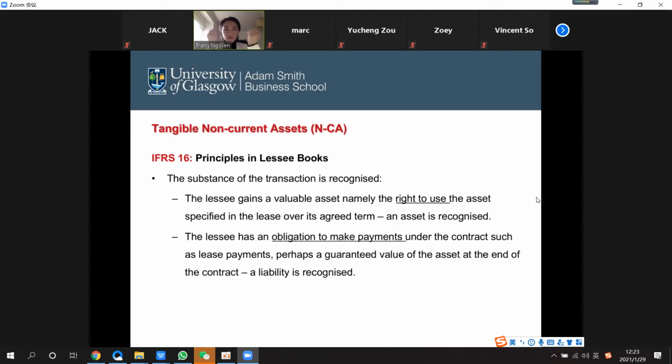The two are very comparable, but a little bit different. Okay, so the right to use will include all the initial costs, but the obligation to make payments will only count after the commencement date, meaning the future cash flow.